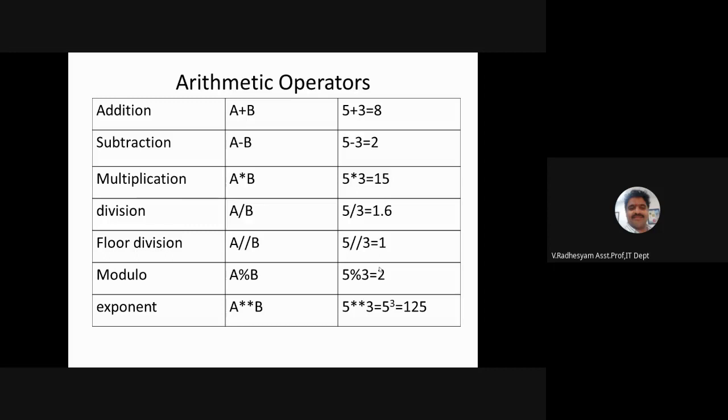This is quite different as compared with C program. If you apply the division operator in C programming, it gives you the quotient value without decimals. But here it will give the quotient value after successful completion of the division, like 1.6.